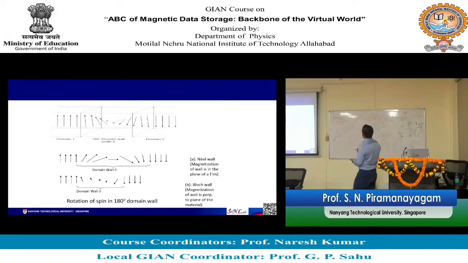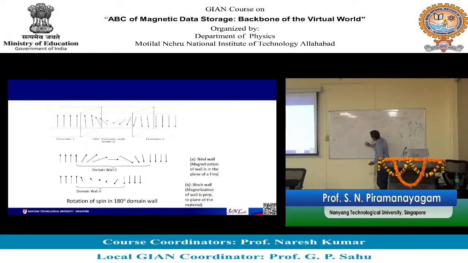Secondly, when we learnt about the Heisenberg exchange interaction, we learned that the spins S1 and S2 have to be parallel. In a ferromagnetic material the two spins have to be parallel, then the Heisenberg exchange energy is low. But if you look at the domain wall, the neighboring spins are not parallel, they slowly move from the perpendicular direction to the other direction.